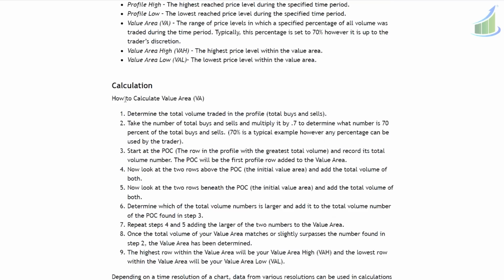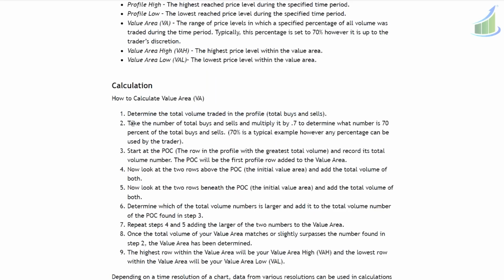After this, we go on further. What are the calculations? Determine the total volume traded in the profile, total buys and sells, already executed orders, right? It's not orders which are about to be executed, but already executed orders that are taken into account. Take the number of total buys and sells and multiply it by 0.7 to determine the number, which is 70%.